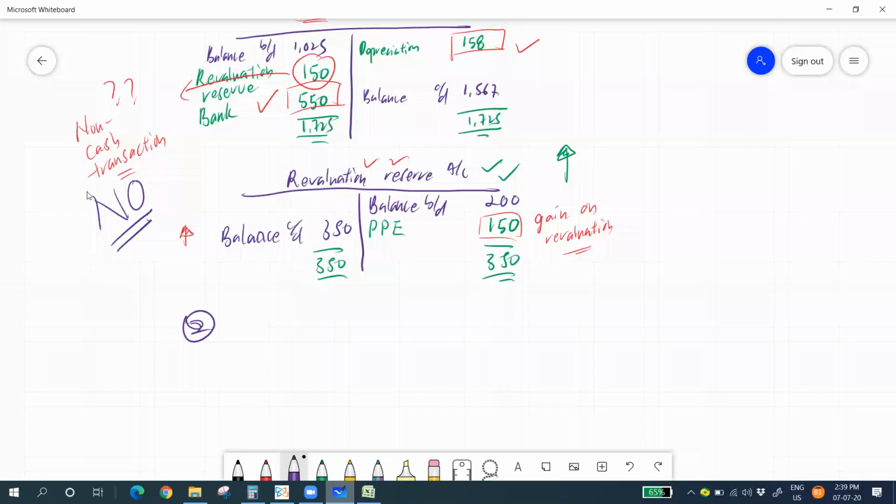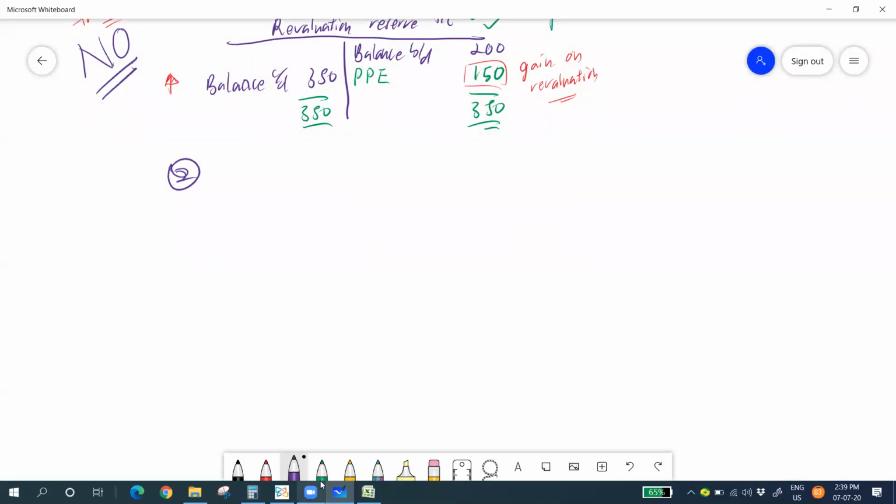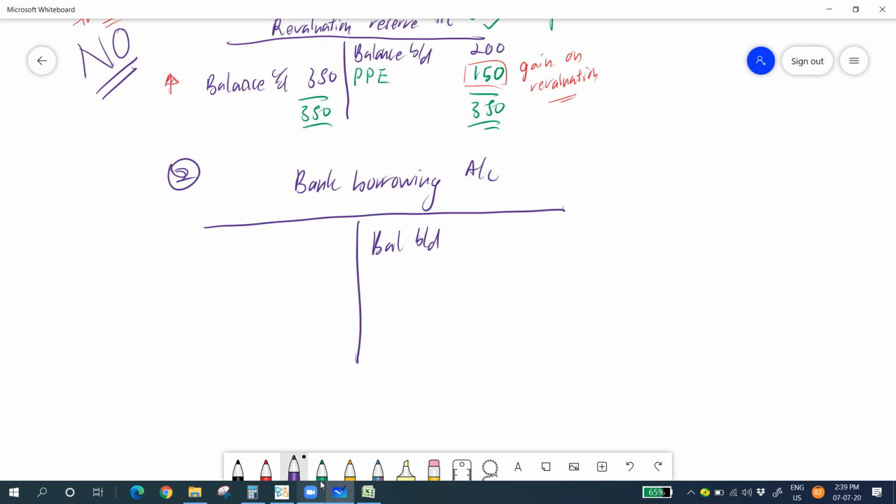So this is the bank borrowing account. Bank borrowing is our liability, so the balance brought down is on the credit and the balance carried down is on the debit.